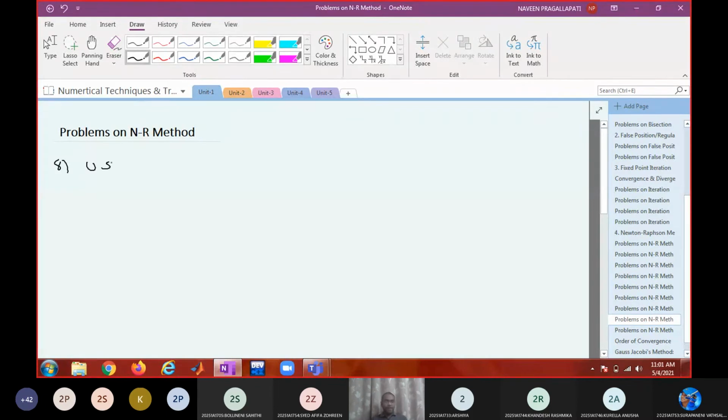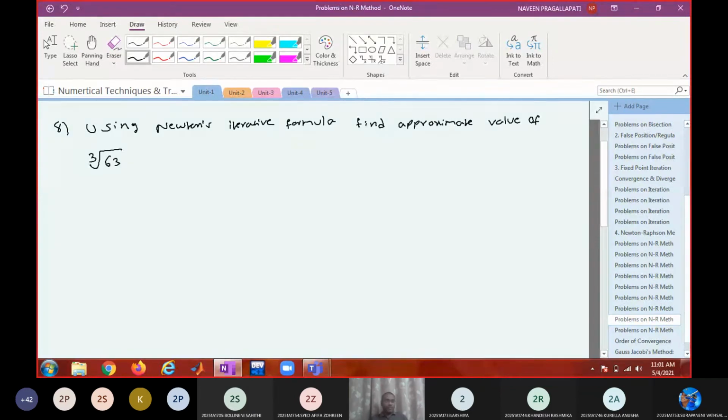Using Newton's iterative formula, find the approximate value of the cube root of 63. Cube root of 63. We know 4 cube is 64.